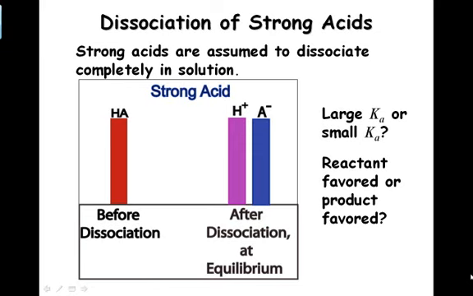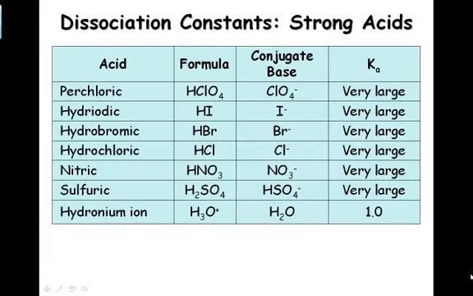So the Ka for a strong acid dissociation would be huge, so large we don't even write it. And we would say that reaction favors the products. In other words, it goes totally forward, totally dissociates, and we don't worry too much about an equilibrium.